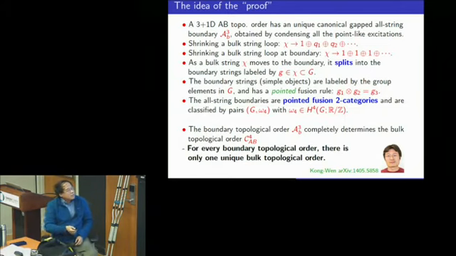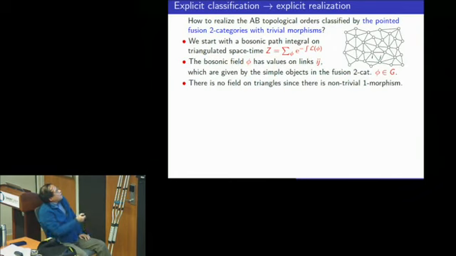And so now this is gauge theory. This more explicit classification gives us a very explicit realization. Not only do we have this classification of all boson topological orders, but we know how to realize each of them.